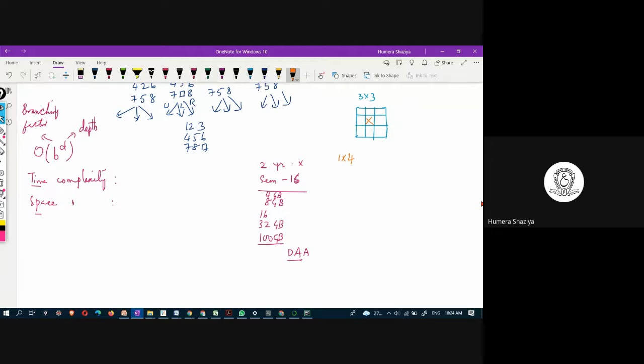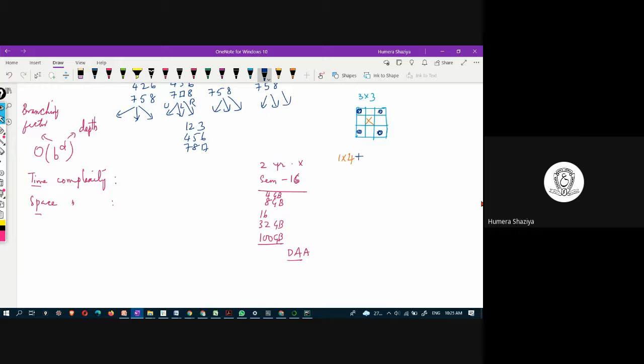And then if it is in the corners, I am using small circles here. These small circles are the empty tile. If the empty tile is at these corners, how many moves are possible? 2 are possible. This is right and down. This is left and down.